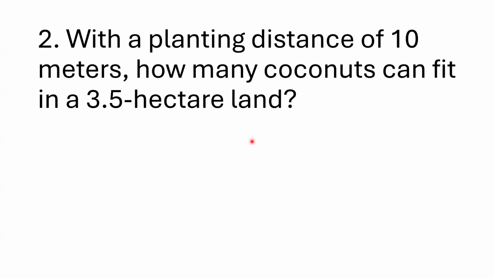Using square planting system pa rin. So, parehas rin siya sa number 1. Yung total area natin is 3.5 hectares. So, kapag i-convert natin siya in square meters, it is 35,000 square meters.